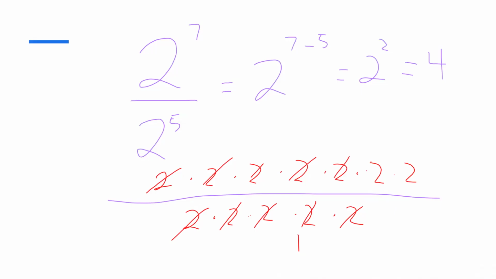On the top, I have 2 times 2, which is 4. So the basic idea with these exponents is that if you open it up and then cancel or divide, reducing it to its lowest terms, canceling out the 2's, you would see that this rule works perfectly. And it is also the same with the product rule.